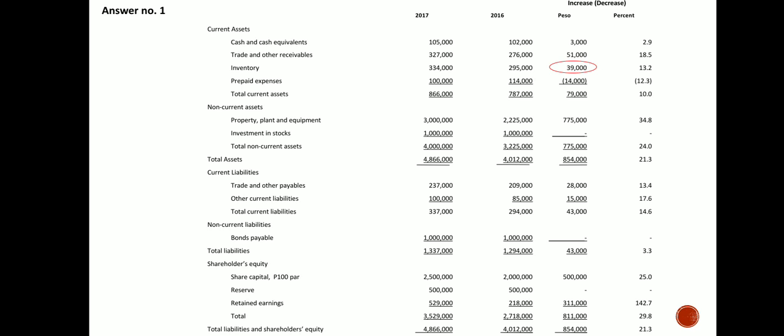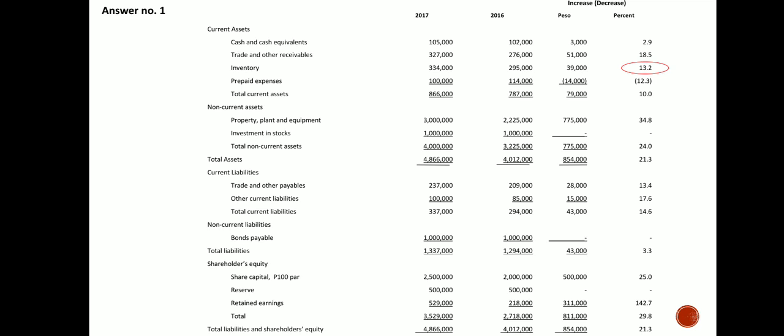Again, an increase because the amount in 2017 is greater than the amount of our base, which is the amount in 2016 of 295,000. The 39,000 increase is equivalent to a 13.2% increase. So how to get it? It's the 39,000 absolute amount of change divided by our base amount of 295,000, and that is 13.2%.